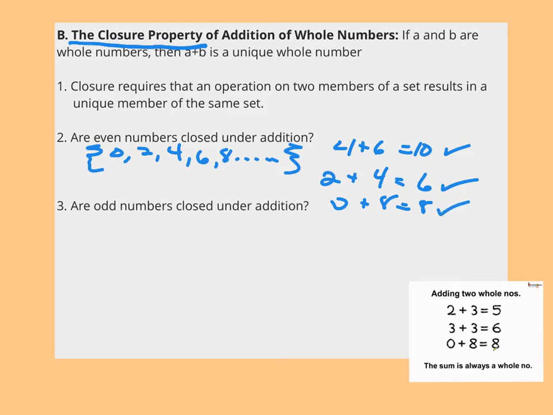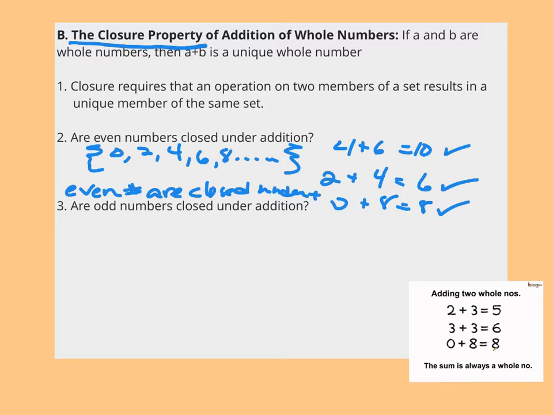That's even. It looks like any way we arrange or add these numbers together, we're going to end up with a unique answer that is even, which would be in that set. So we would say that even numbers are closed under addition.